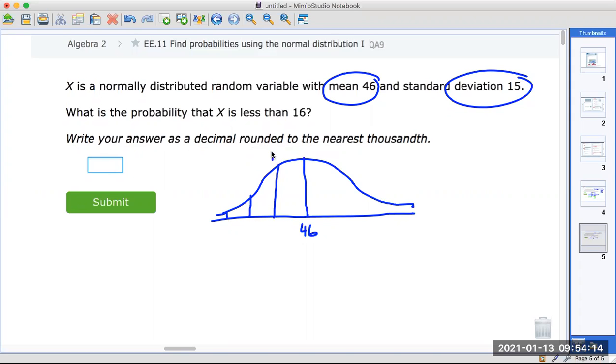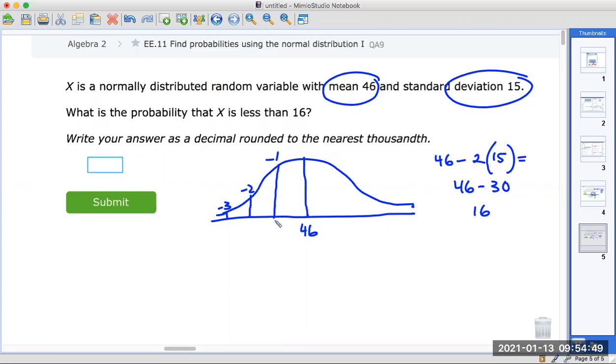So I'm going to draw -1, -2, -3 deviation. 46 minus 15 times 2, 2 standard deviations, it's 16.